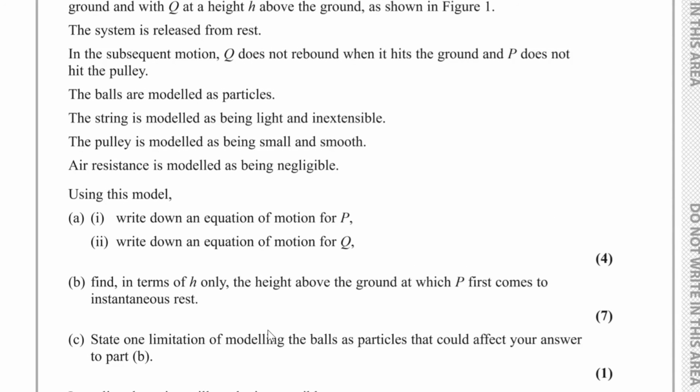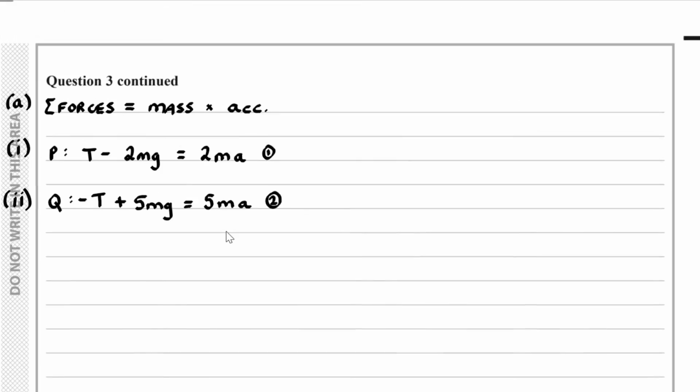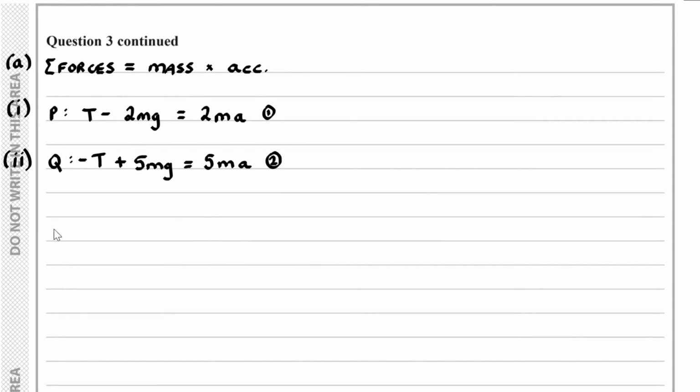And now for part B, we have to find in terms of h only the height above the ground at which P first comes to instantaneous rest. Now, first thing we can do is find out what the acceleration is.